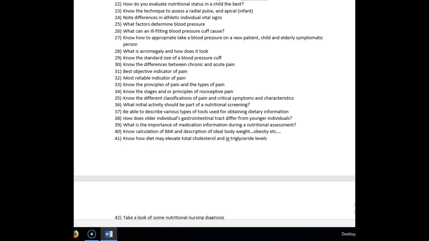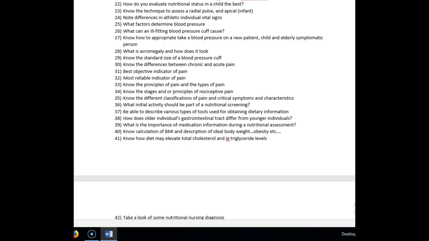Well, I want you guys to know and study and memorize those different types of pain. And when you're memorizing those different types of pains, I want you to be aware that nociceptive pain is way down on the cellular level. So I want you to know about that.